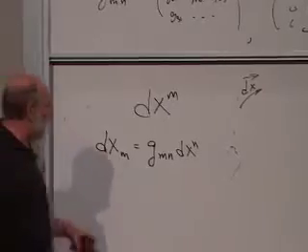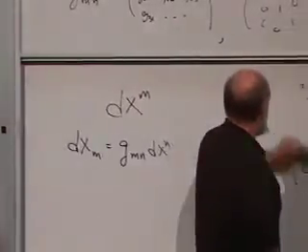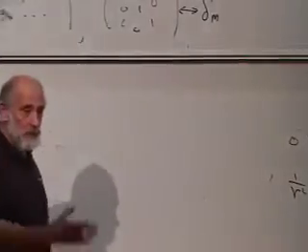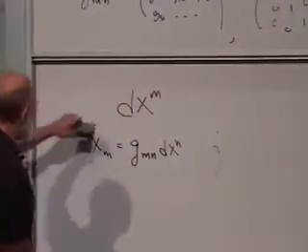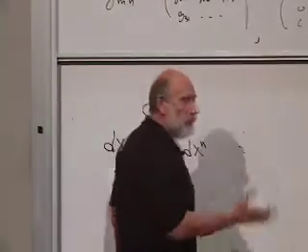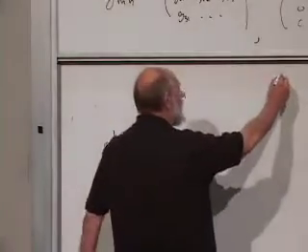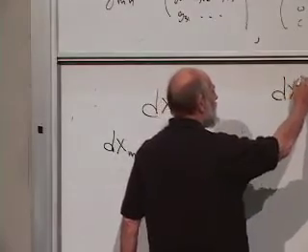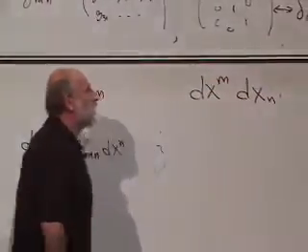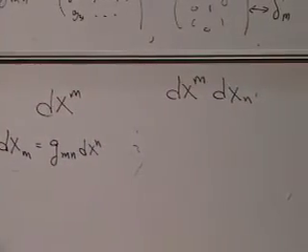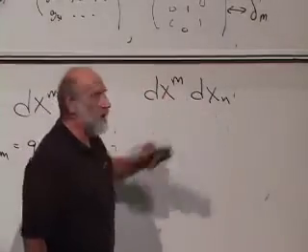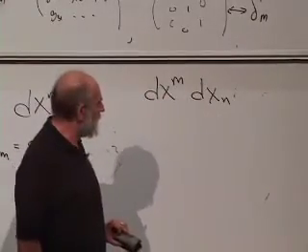Now, I told you earlier that if you have an upper index and a lower index in a tensor, you can contract them. So let's take a new tensor which has an upper and lower index, made just by multiplying dx^m by dx_n. That is now an object with indices m and n.